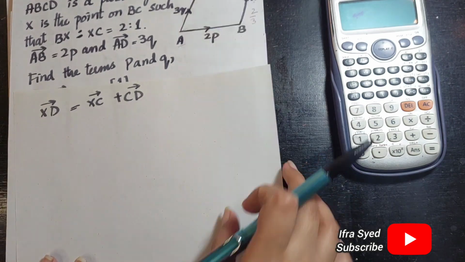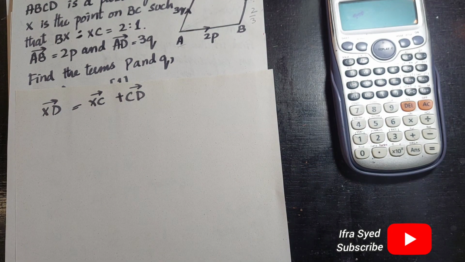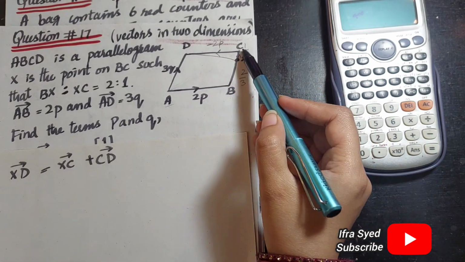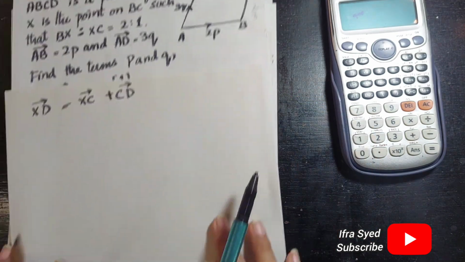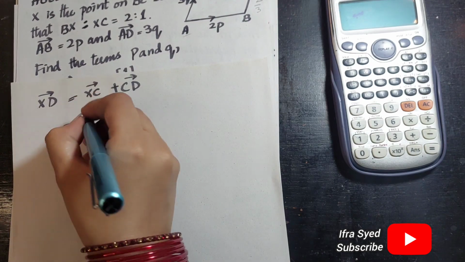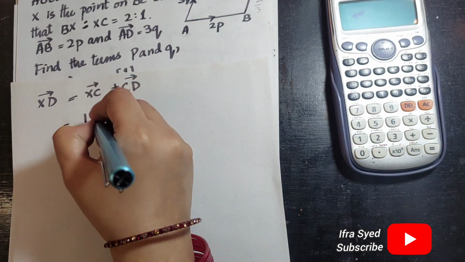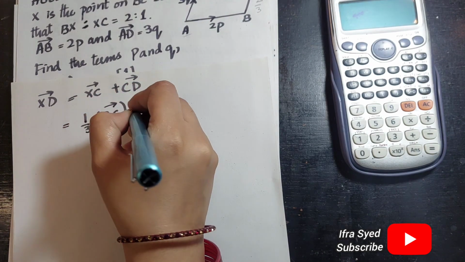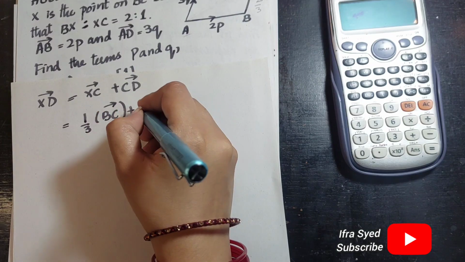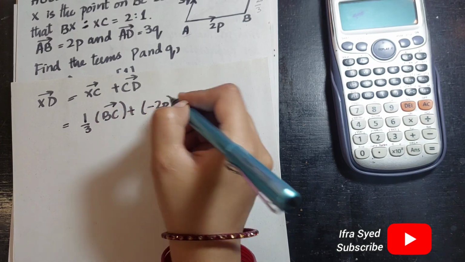So I'm writing minus 2p in place of CD, and in place of XC I will write 1 by 3 of BC. So XC is equal to 1 by 3 of BC, plus CD is equal to minus 2p.